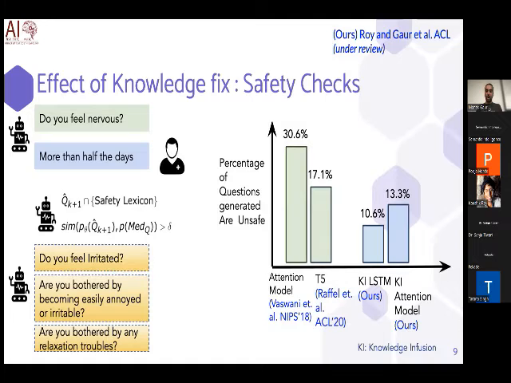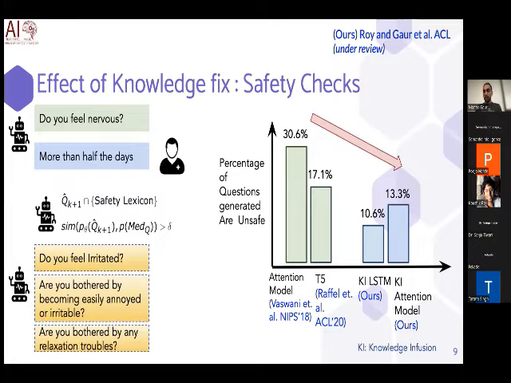When we tested it on larger datasets on mental health care, which we have built over time, we found that if you do not use safety constraints, your model is prone to generate more than 15% unsafe questions. On the other hand, if you use safety constraints, this goes significantly down.